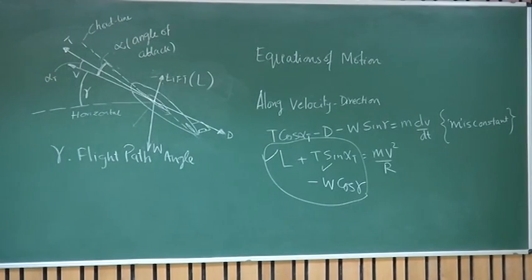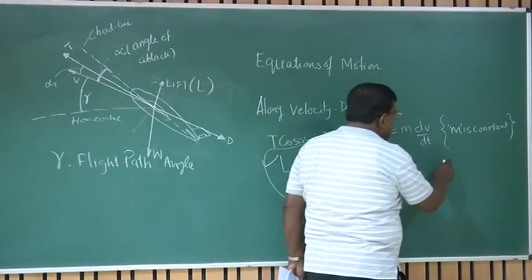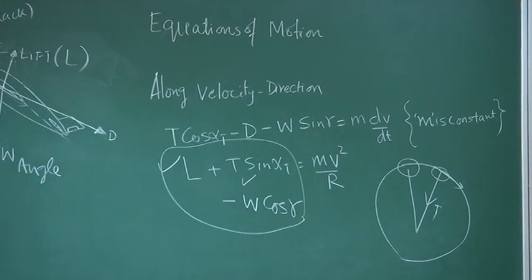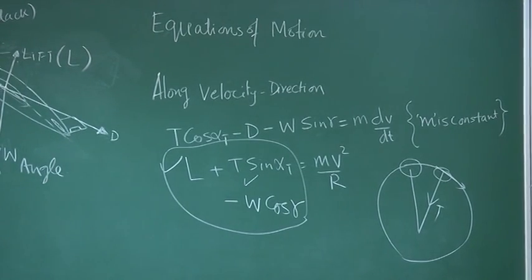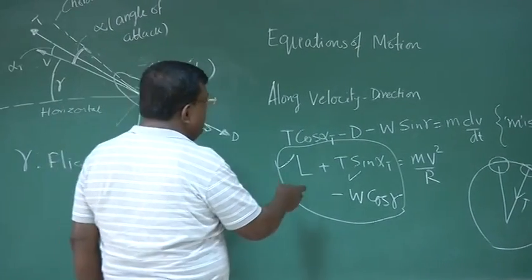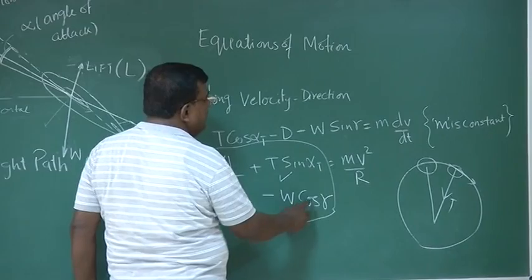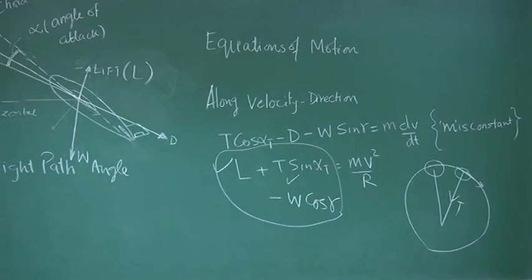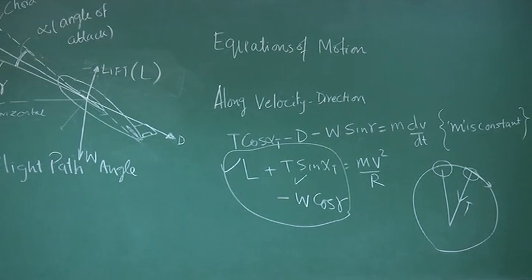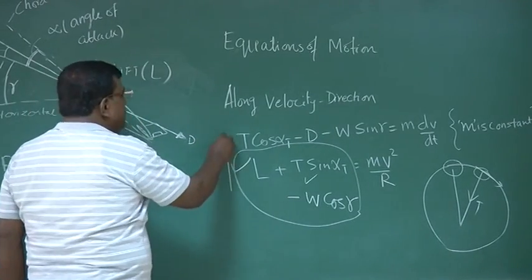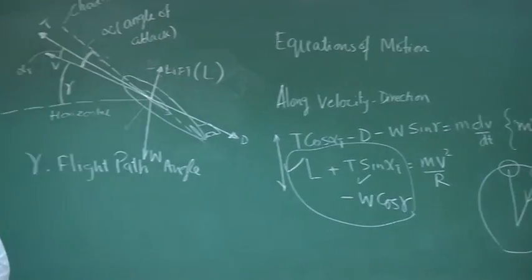Right? Once you write this second equation, it will remind you that the thrust is responsible for changing the velocity vector, and that is why we have centripetal acceleration. Similarly here also, this net force L plus T sin alpha t minus W cos gamma will try to change the direction of velocity, and in turn it will generate centripetal acceleration. So these are the two equations we will be using to derive something of very, very great importance.